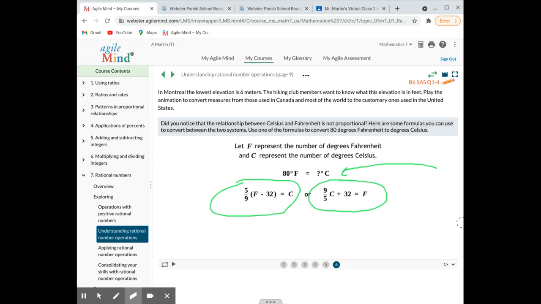I'm going to give you about 2 minutes to see if you can figure it out on your own. And this is question number 4 in your workbook.